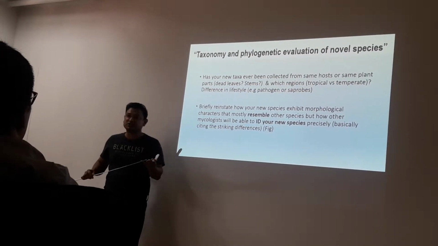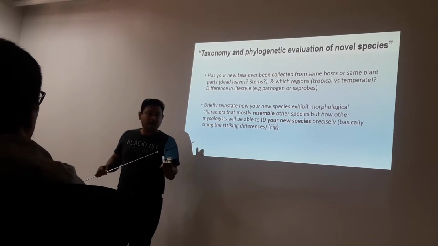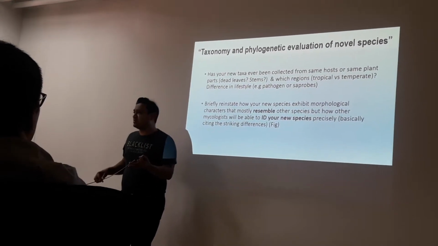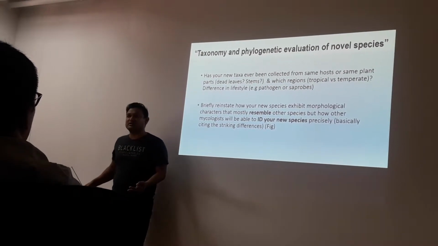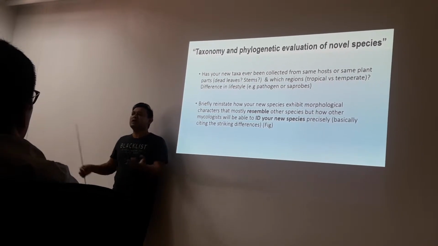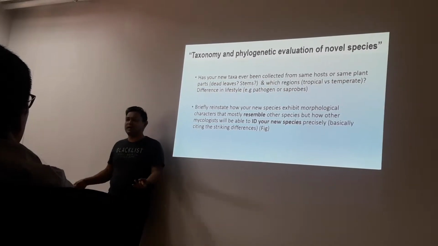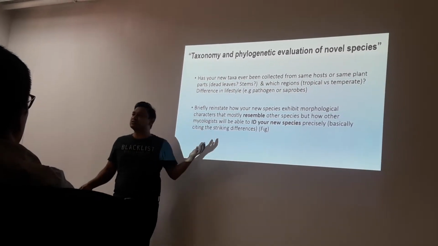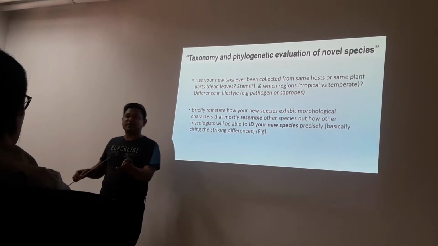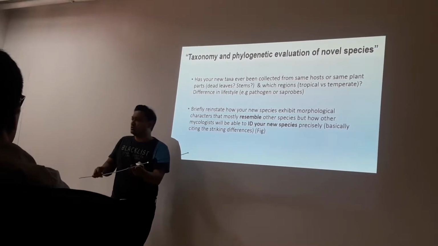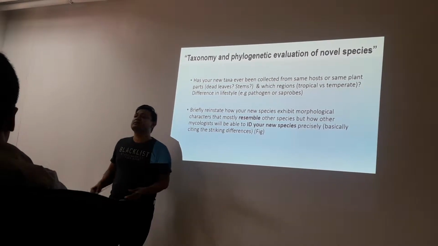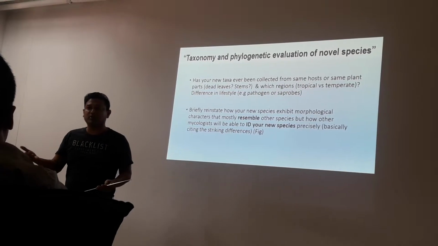If morphologically they are similar, if genetically they are similar, and you came across a similar species as well, it tells you a little bit that the same taxon can exist possibly as an endophyte or a pathogen, and then exist as a saprobe as well.